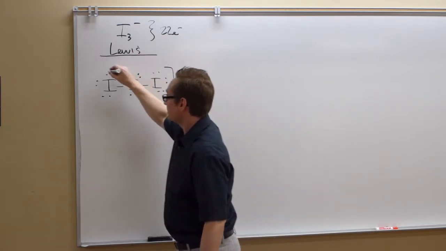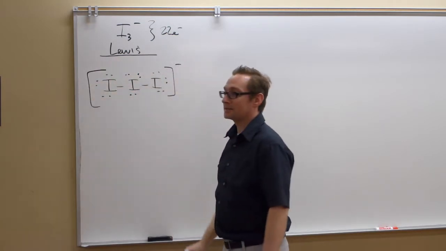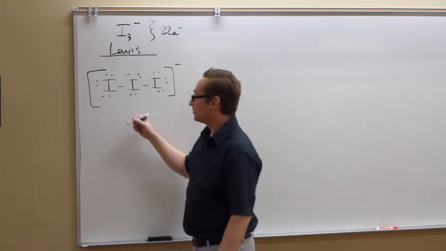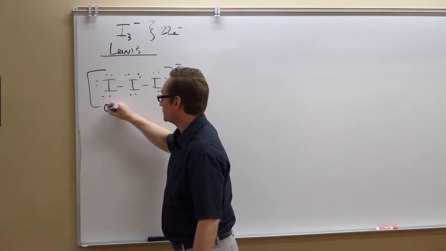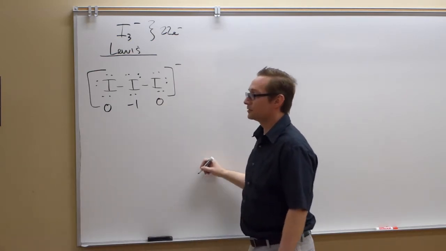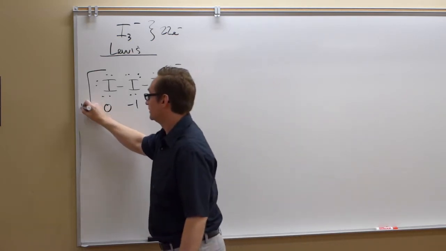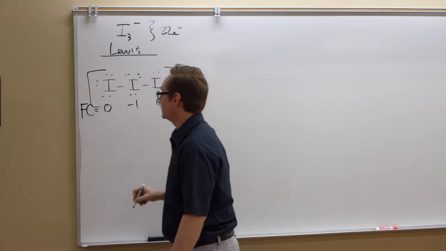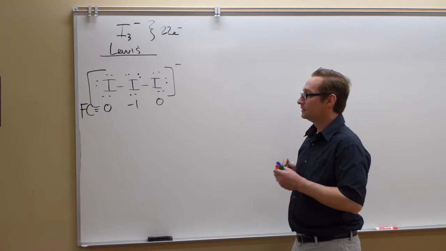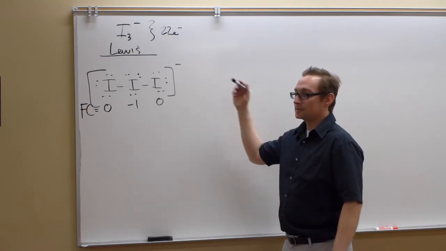And because it's a polyatomic ion, it would be put in brackets too. Formal charges for this would be 0, -1, and 0. All right, so we get the Lewis structure.